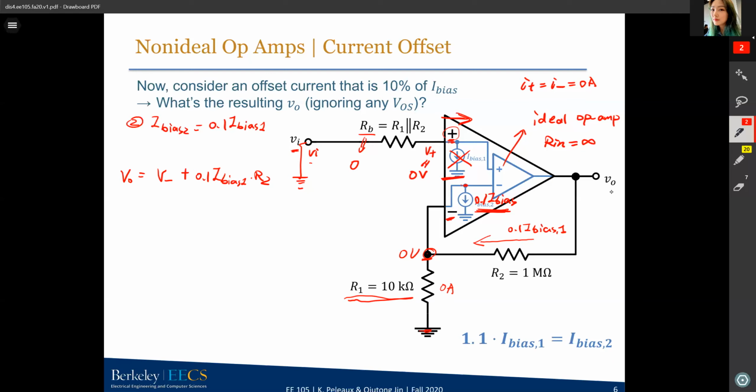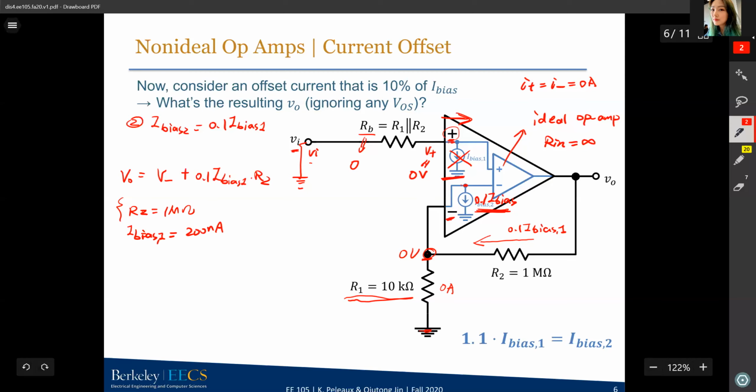So if we have the bias current, like our R2 is 1 megohm, and we want our IB to be, let's choose a value for IB. I'll use I bias 1 equal to 200 nanoamps.